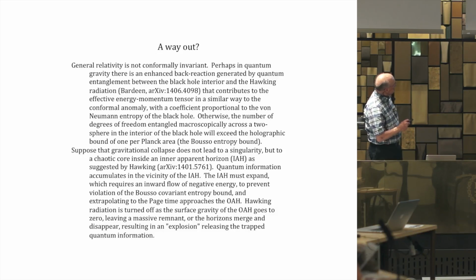The other possibility is that instead of just asymptotically approaching each other, the horizons actually disappear, so that there are no trapped surfaces anymore, and the trapped quantum information can escape completely.